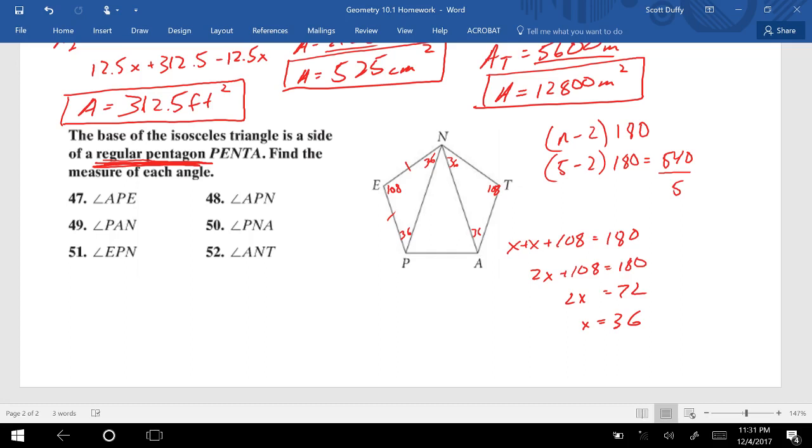Now, if this whole thing is 108, then we take 36 away from 108 to find this angle. That is 72. Same thing on this side, 72. And then the whole thing is 108. Take away 36 twice. And I get 36 right there. And you guys can figure out what the angles are.